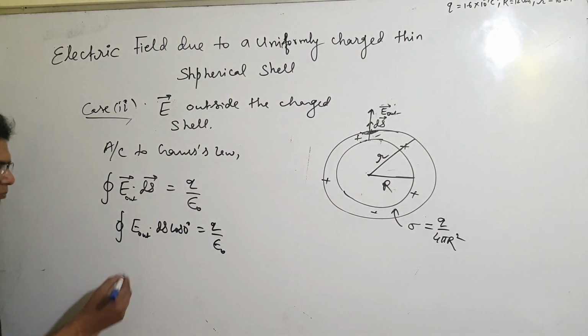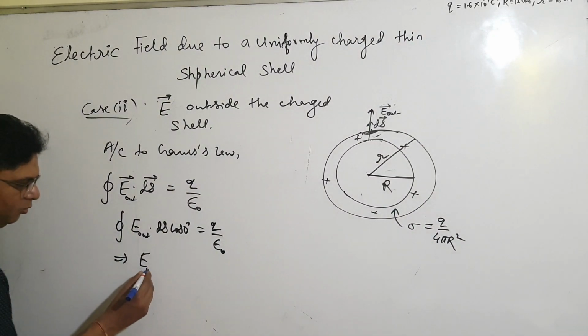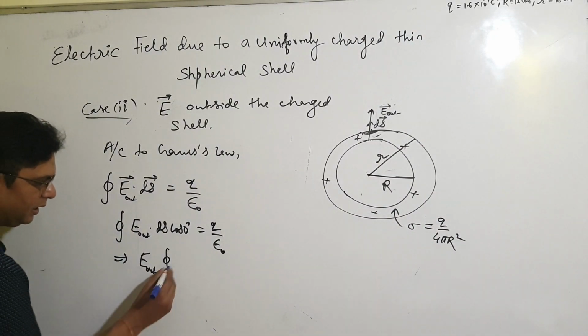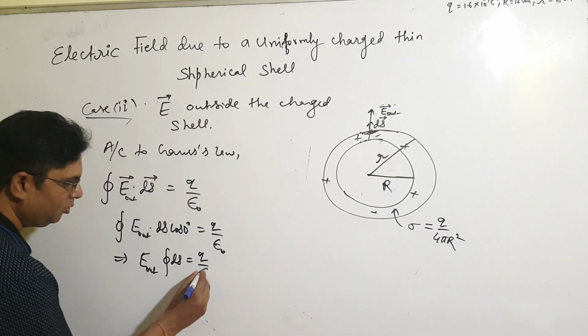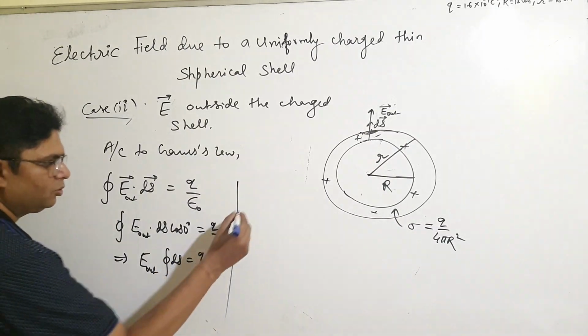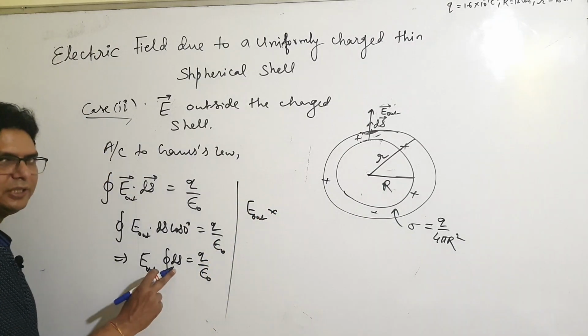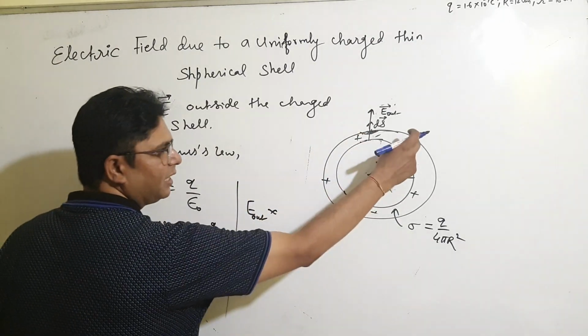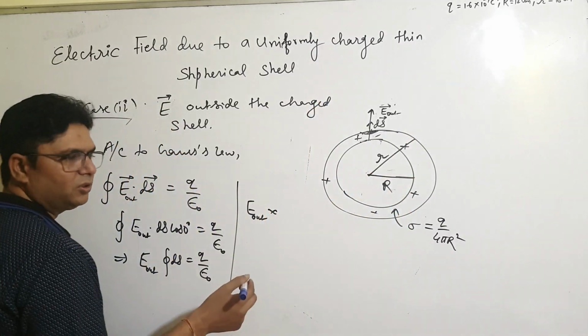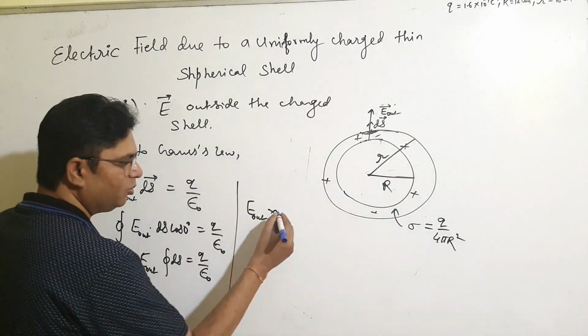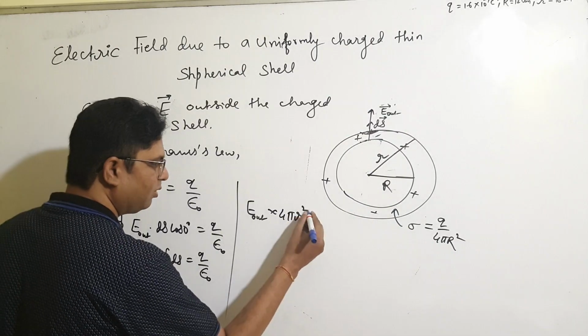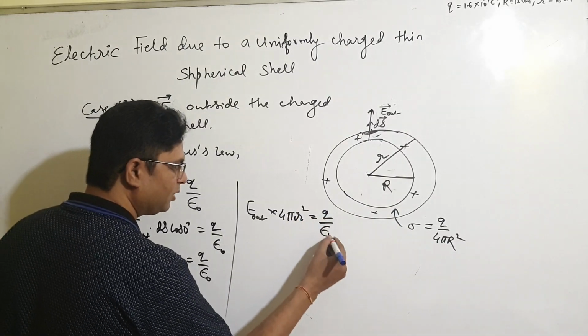Take out E outside, and the closed integration of ds is the surface of a sphere having radius r, so you have 4 pi small r square, which equals q upon epsilon naught.